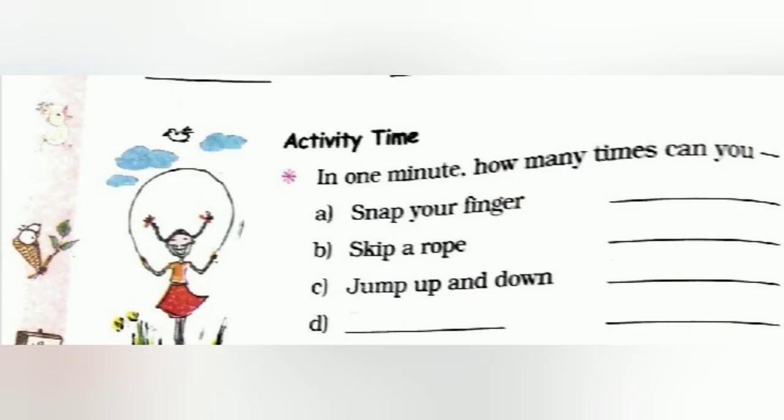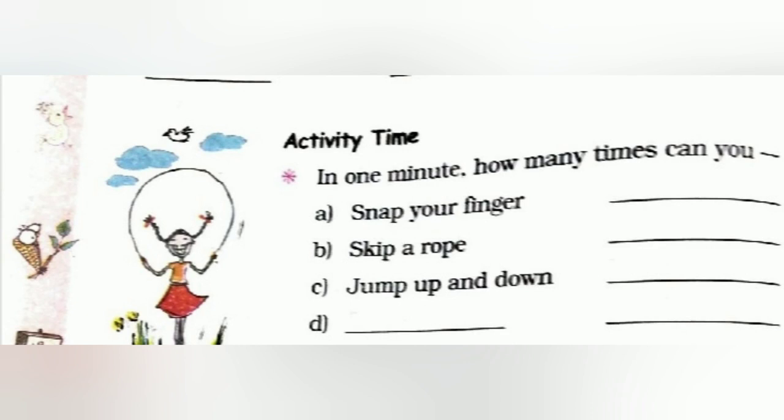Activity time. In 1 minute, how many times can you snap your finger? For me, it is 20 times, or it may vary 20 to 30 times. Skip a rope. Okay, for me, I can skip 15 times or more than 15 times sometimes. Okay. See, jump up and down.